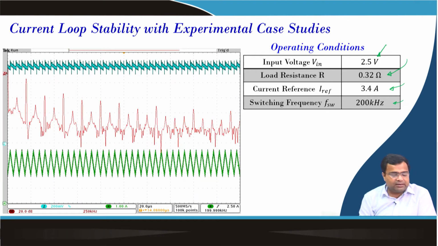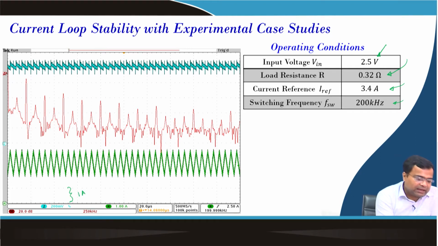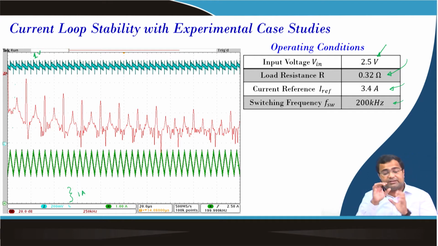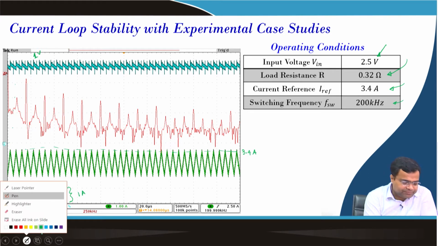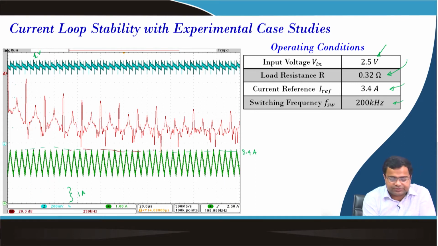If you see the experimental result, this division is 1 ampere for the current, and the voltage, if you see 1, 2, 3, 4, 5, is almost 1 volt, because we are setting the current reference such that the output voltage reaches 1 volt, but we have not closed the loop. You can see the peak current is roughly around 3.4 ampere.